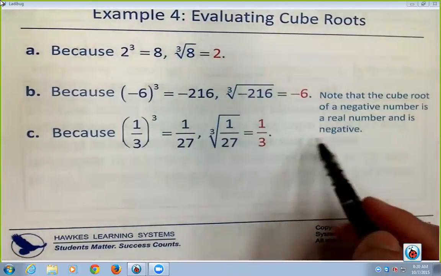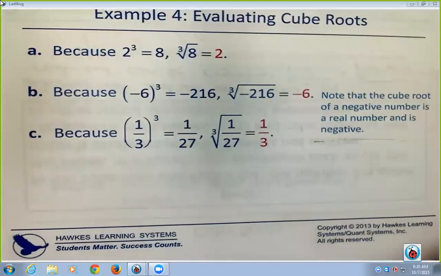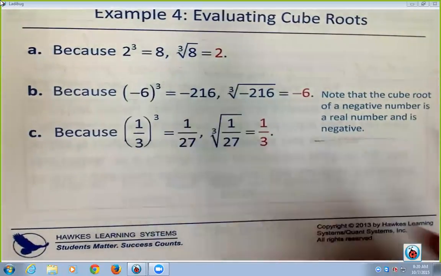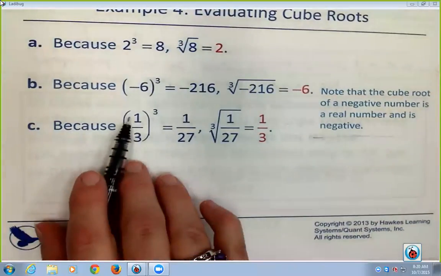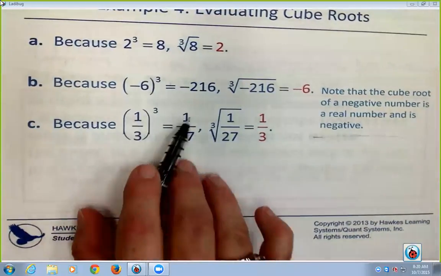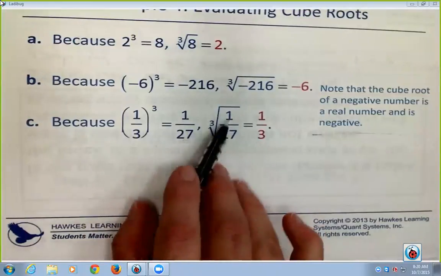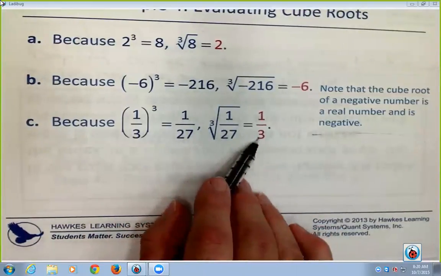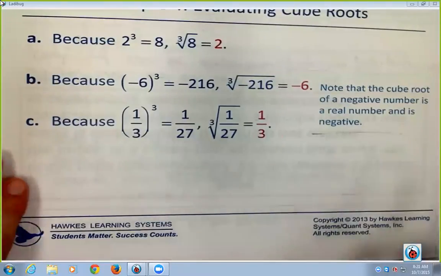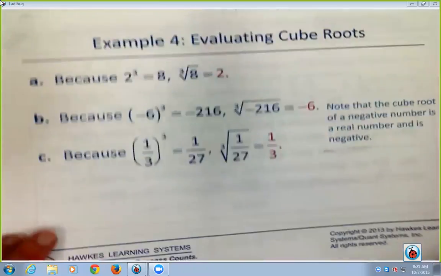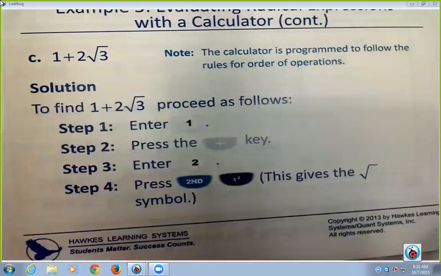And again, note that the radicand can be negative as long as the index is odd. If you look at fractions, we have 1/3 cubed comes out to be 1/27. The cube root of 1/27 goes back to 1/3. And we'll talk more about fractional pieces and what we need to do with those when we break them apart. And so that's that piece.